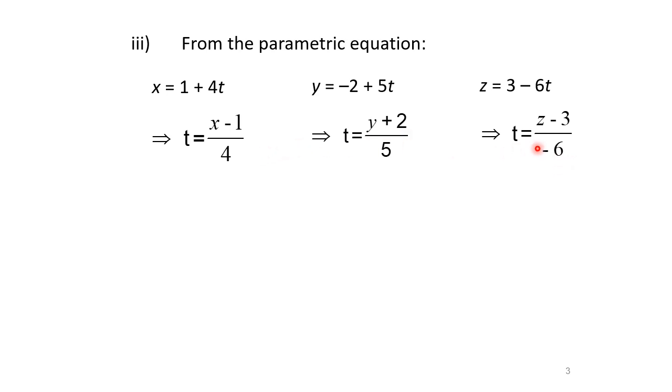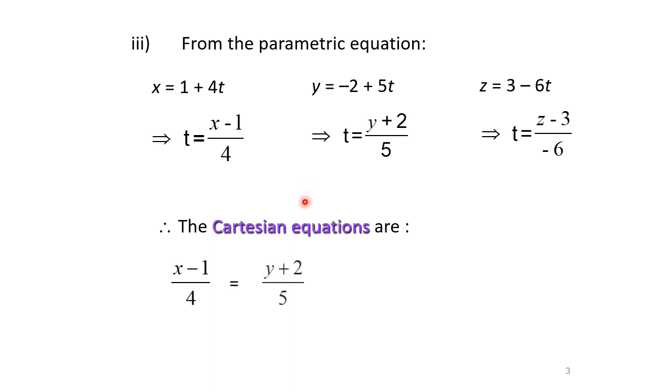All of these equal t, so we can equate them together, and we don't write the t. Cartesian equation only has x, y and z and no t. So this is the answer for the Cartesian equation.